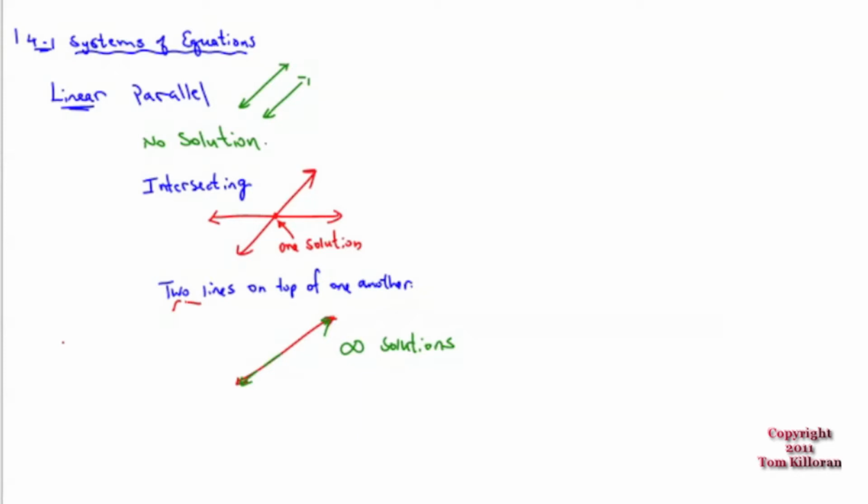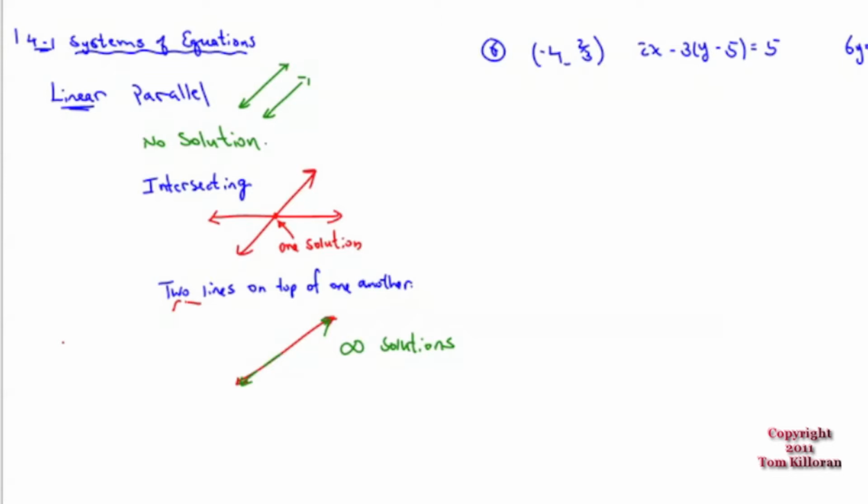First of all, how would I know there's no solutions or infinite solutions? They actually have the same kind of setup. What has to be true if you have no solutions? Well, the two lines are parallel. So how would you determine if two lines are parallel? They would have a different y-intercept. What's the other condition? Same slope.